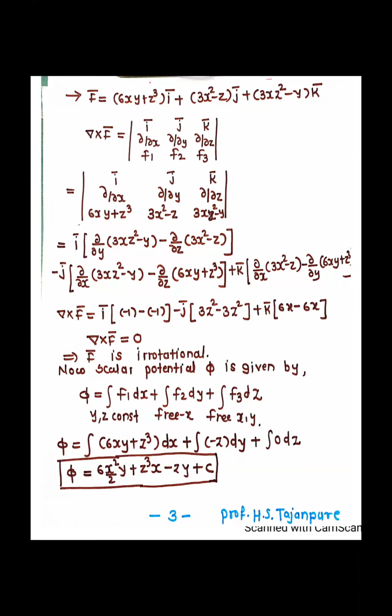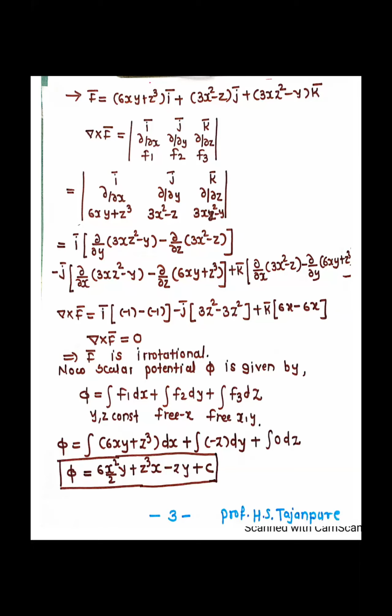Now minus j bar, with respect to x of this underlined term, x will be 1. What is remaining here? 3z square, and the derivative of minus y is 0. With respect to z of this underlined term, 6xy will be 0, z cube will be 3z square.